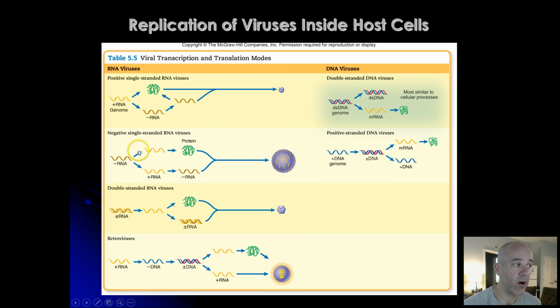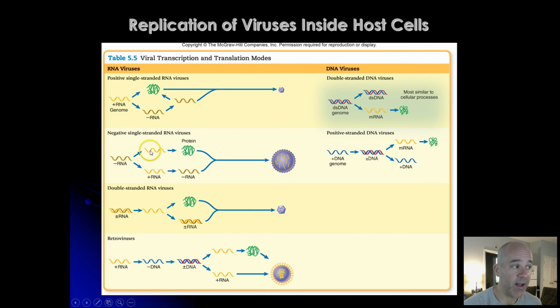Negative strand RNA viruses are different. So when their RNAs get released inside the host cell, the cell does not see those as messenger RNAs. You first have to take the virus's RNA polymerase enzyme and make a complementary copy of this. You've got to make a plus strand, because that's the type that the cell will see as a messenger RNA.